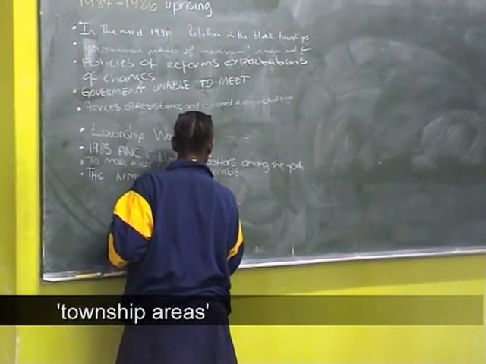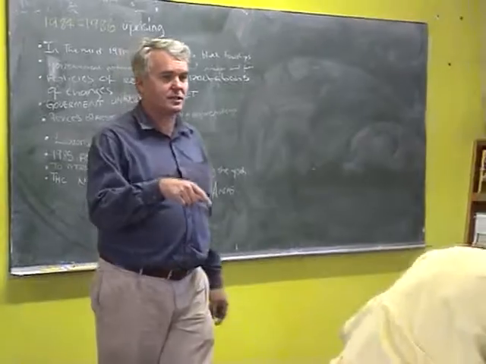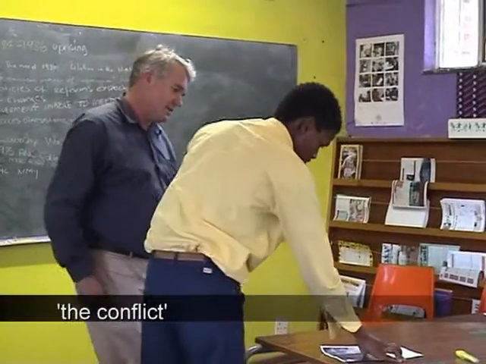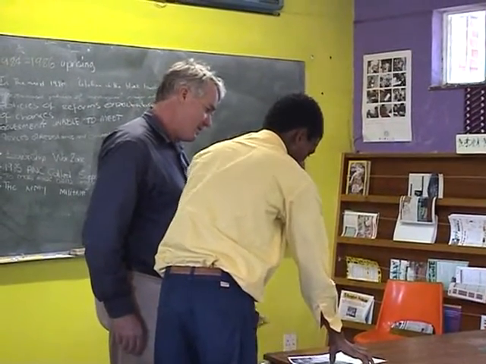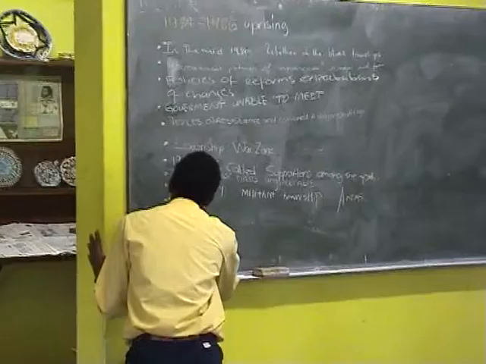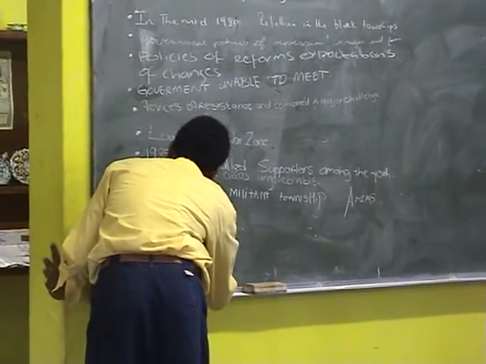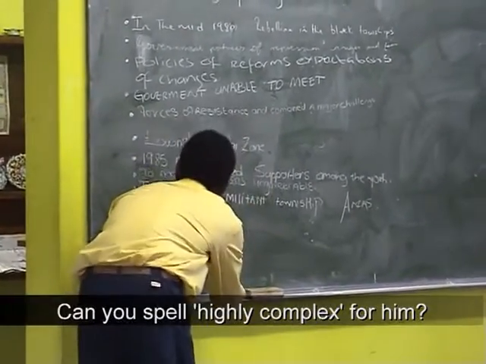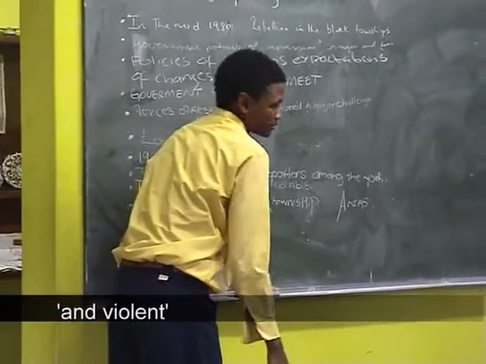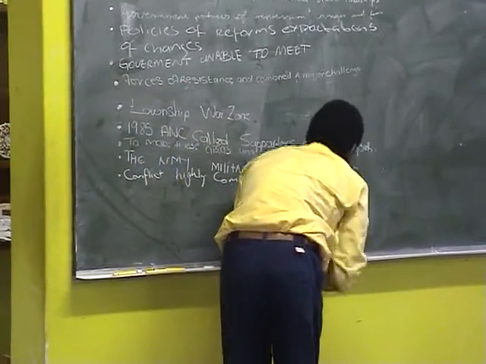Township areas. And what's next? Okay. And how do you spell it? Enter. And what else? Environment. Okay, that's good. That's good.